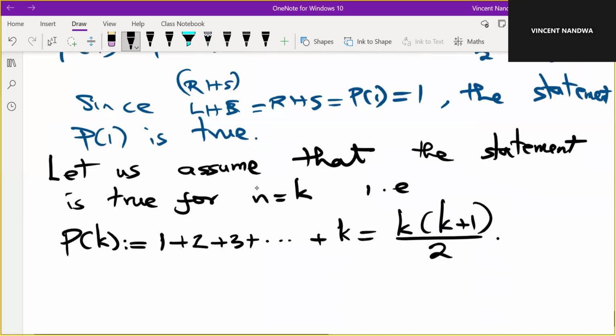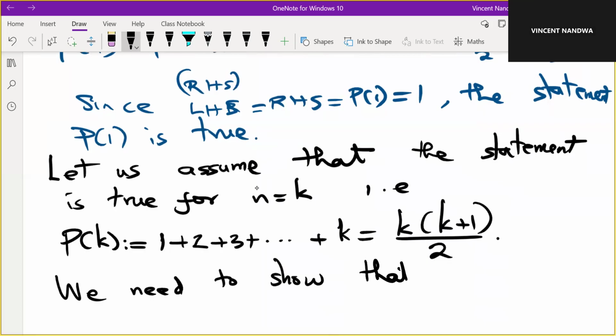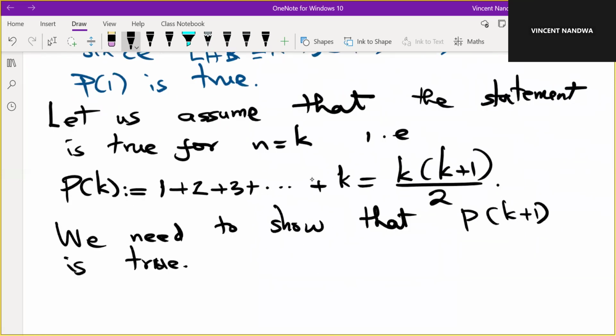By P of k plus 1, we can actually guess how the answer should look, but then we have to convince everyone that that's the correct structure.